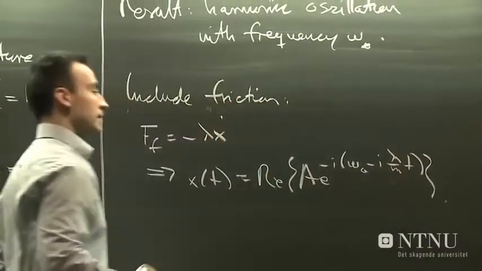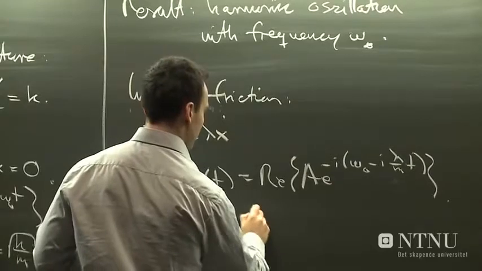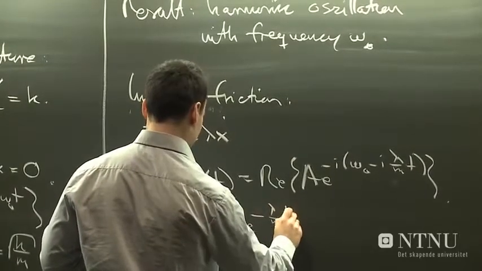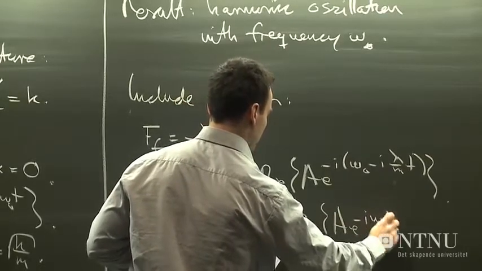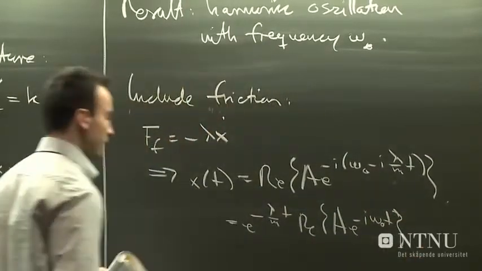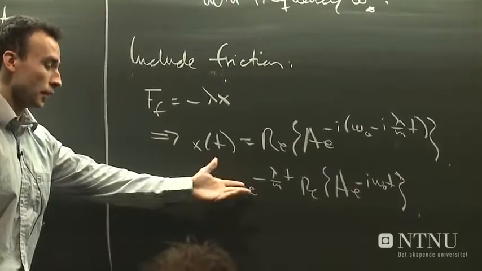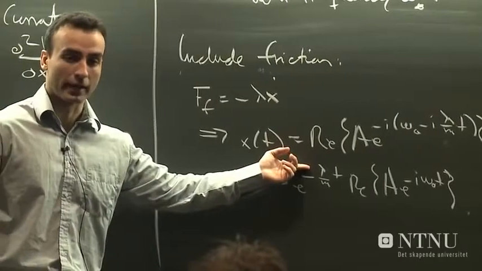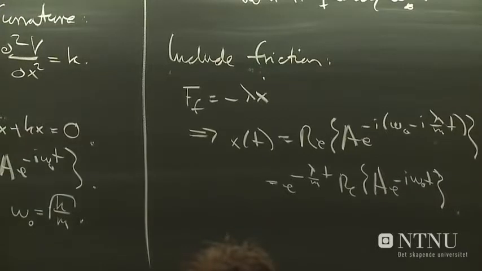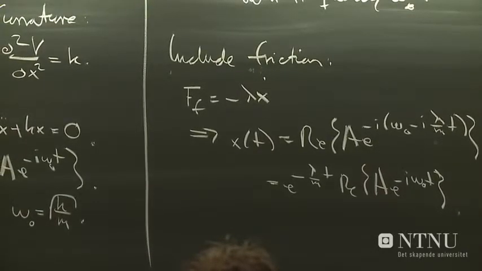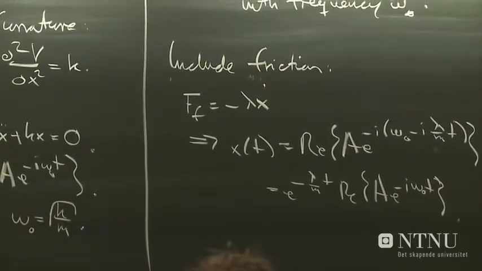So we get this additional term in the exponent here. Like this. So you see we get a damping. Or possibly if lambda is negative, we actually get an exponential increase in the oscillation. So all of this stuff is hopefully well known to you, and it serves as the foundation of what we'll do next.